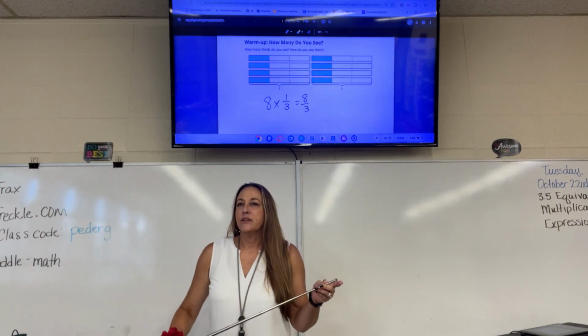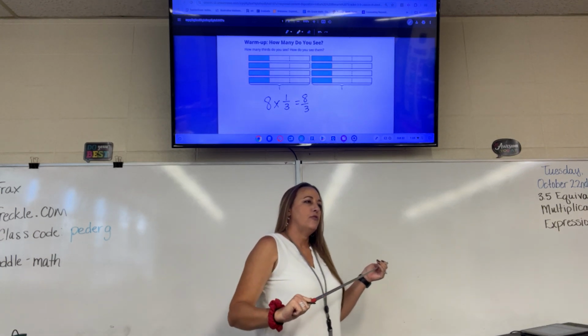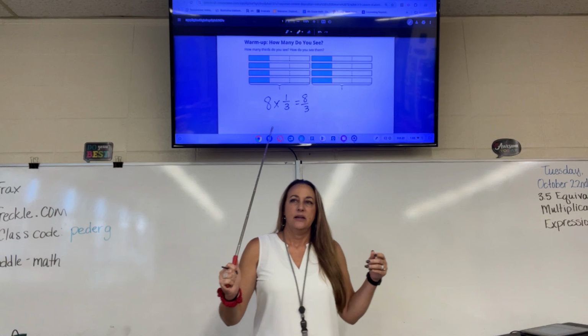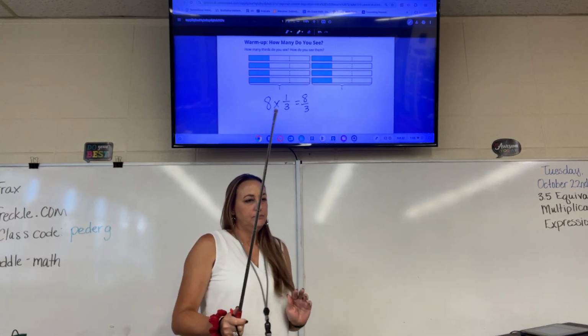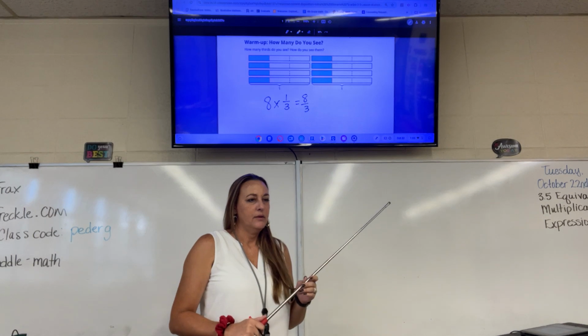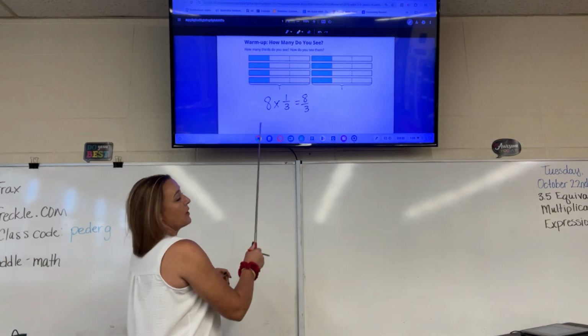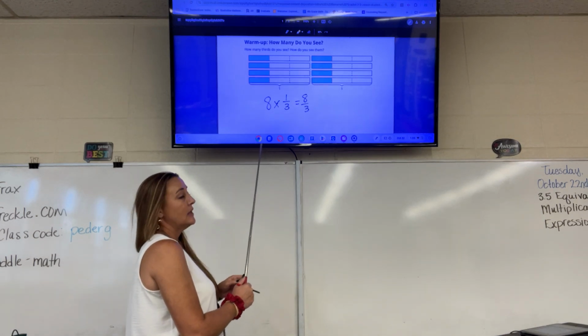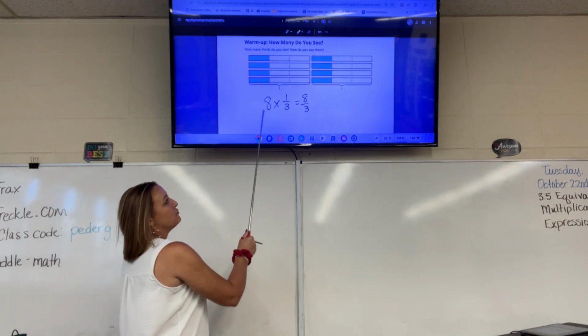What is another expression that would work for this image? Autrey? 1/3 times 1/8. No. You gotta have a whole number in there. No, 1/3 times 8 equals 8/3. So you're on the right track. We don't just switch their places.